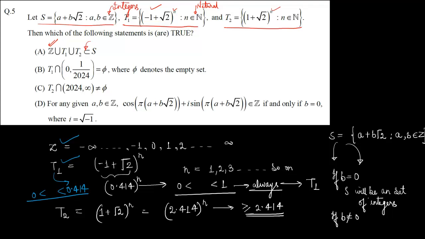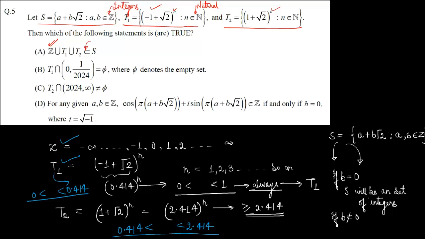So we can say that the data from 0.414 to 2.414 will be missing in Z union T1 union T2.